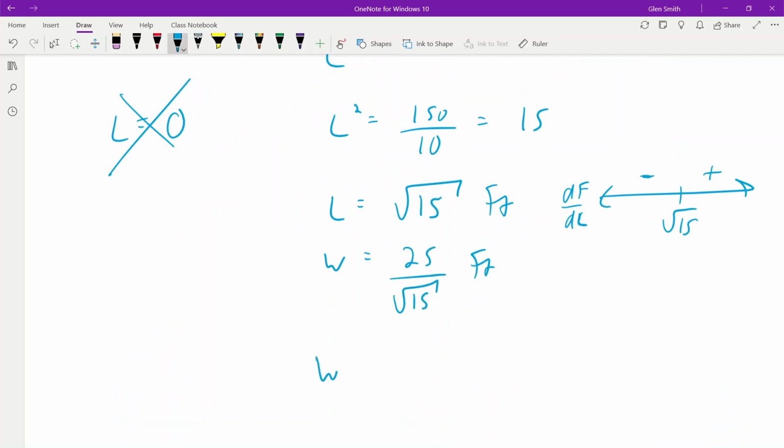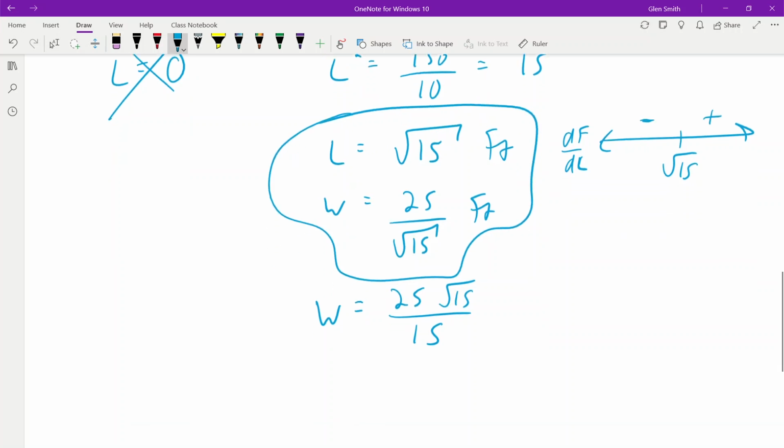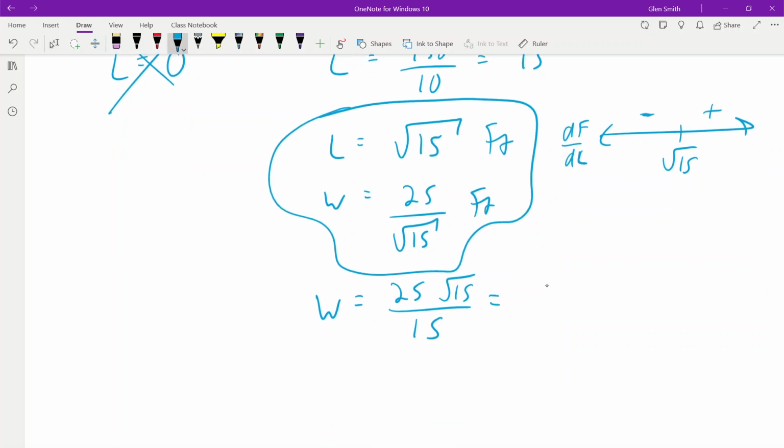And if you do rationalize that, you get 25 root 15 over 15. You don't have to. This is a totally fine answer. I'm just saying if you did rationalize it, you would get that. And that does simplify slightly. That's 5 root 15 over 3. So you can write W like that too. Everybody good? Excellent.